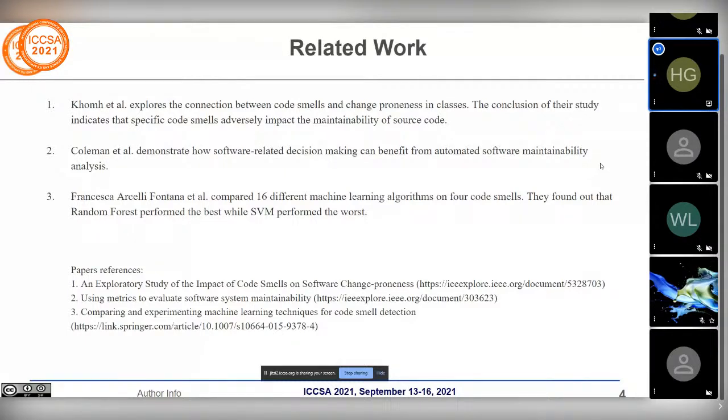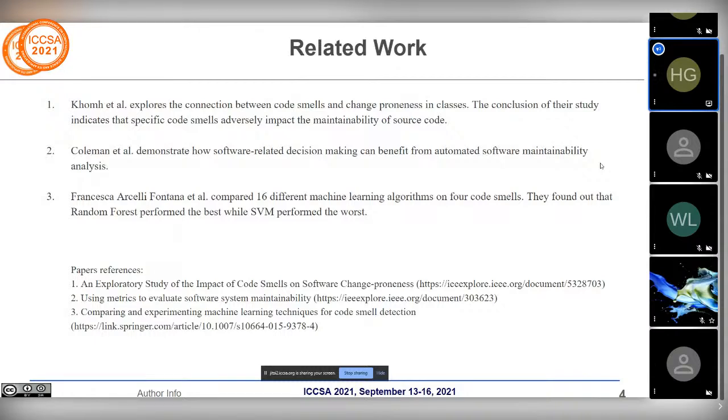Coleman et al. demonstrate how software-related decisions can benefit from automated software maintainability analysis. Francesca Montana et al. compared 16 machine learning algorithms on 4 code smells. They found that random forest performed the best while SVM performed the worst. But these papers do not particularly talk about how these code smells are detected and what kind of features are used for detection of code smells.